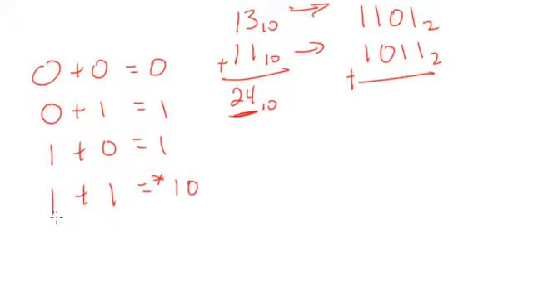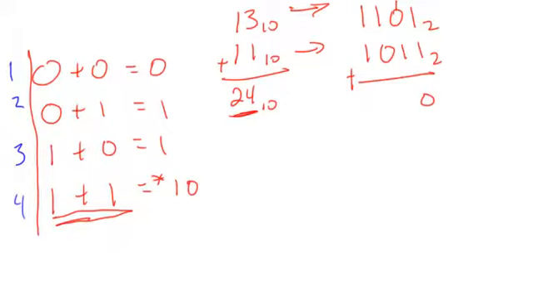We say it's 0, and then we carry the 1 to the next spot, and now we've got 1 plus 1, which is again the same rule, so let's just number these rules for quick reference: 1, 2, 3, 4. And so now with rule 4, we get 0 again with a carry of 1.